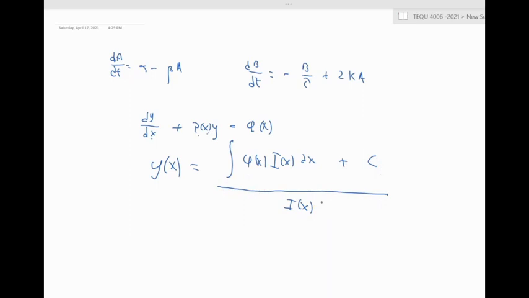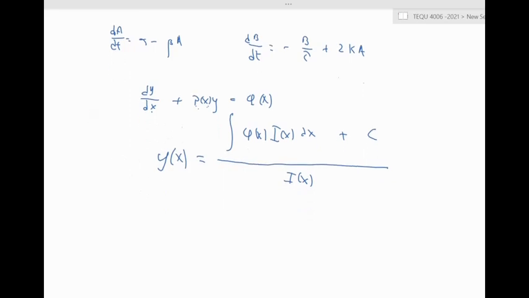And that's the general solution when you apply integration factor. So the only thing you need to do is take a look at your differential equation and see how well you can rewrite it in this form.